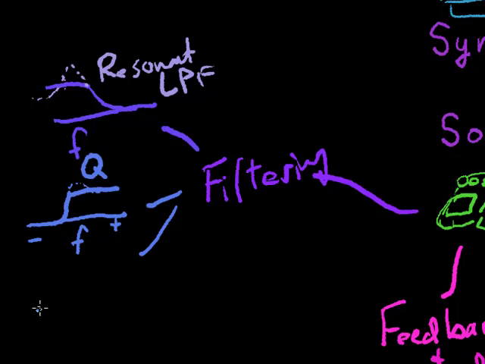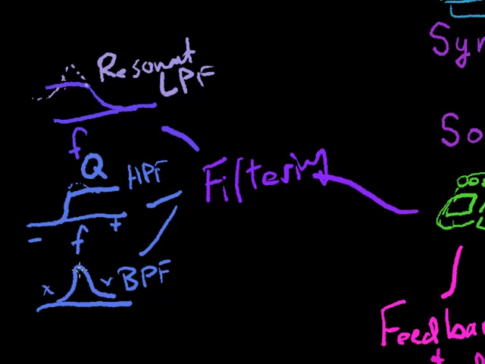And then the other main category in here is the bandpass filter. That one filters out both the highs and the lows, and only allows some central frequency to come through. When you modify the Q on that one, you could make it either a narrow bandpass filter or a broad bandpass filter.